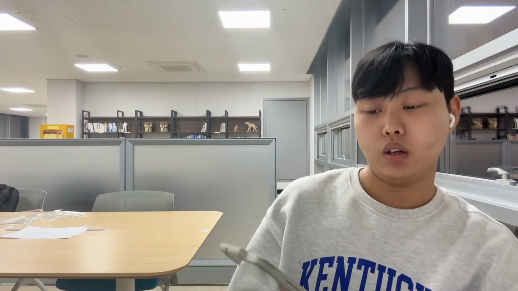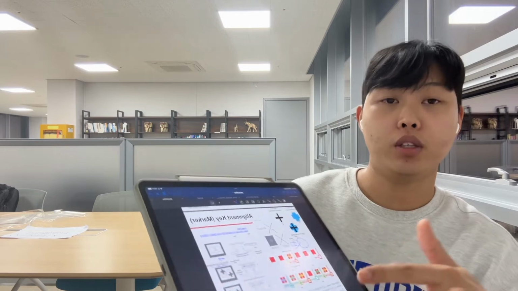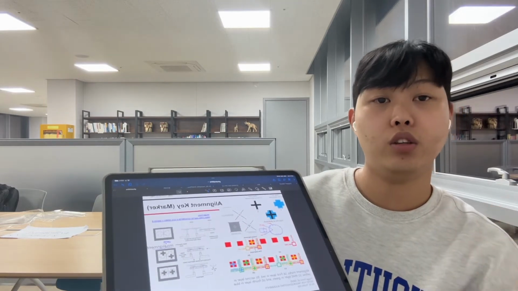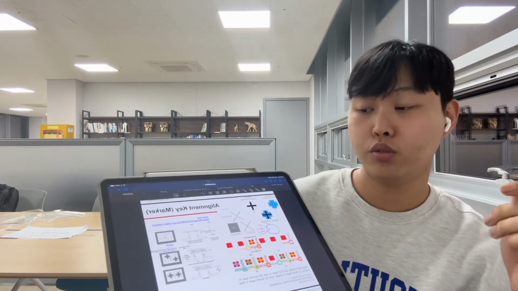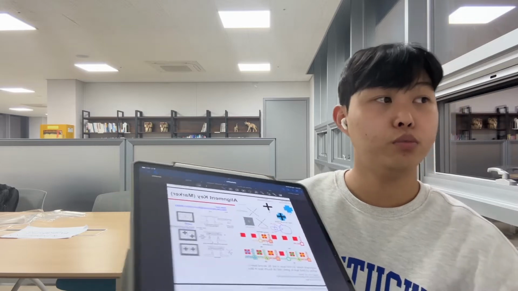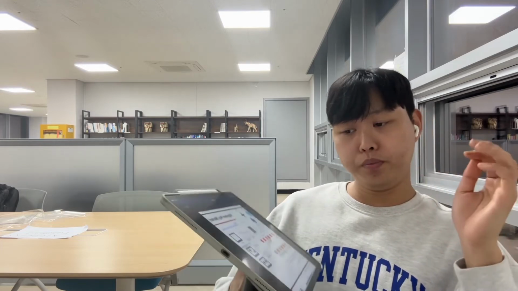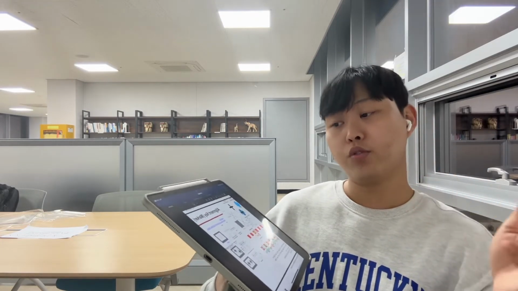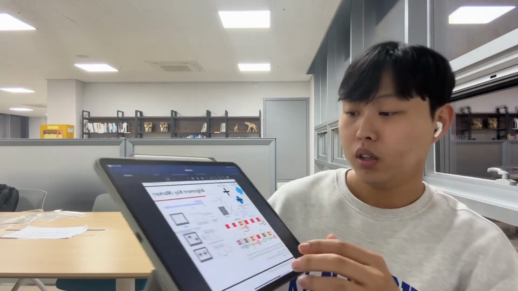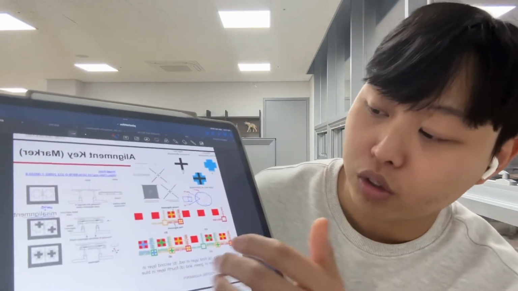To have less misalignment, we use a structure called an alignment key. It is just like a key that you use to enter your room. When you enter your room, you need a key to enter it. So we also use an alignment key to prevent misalignment. This is just a basic structure of it.